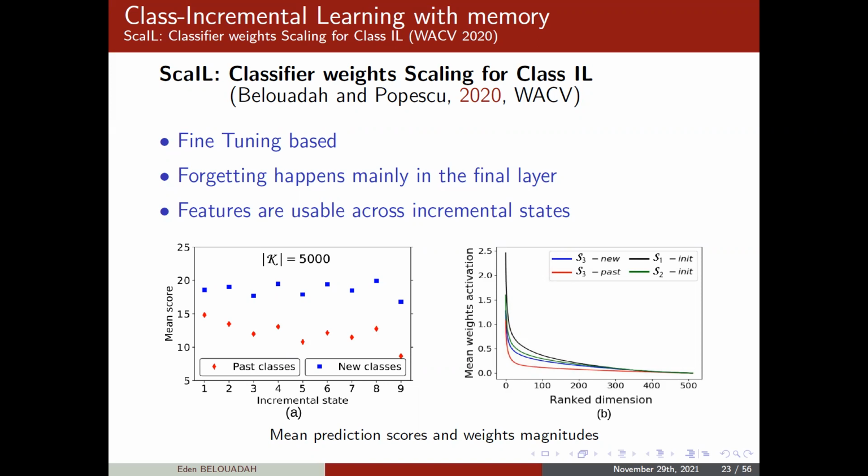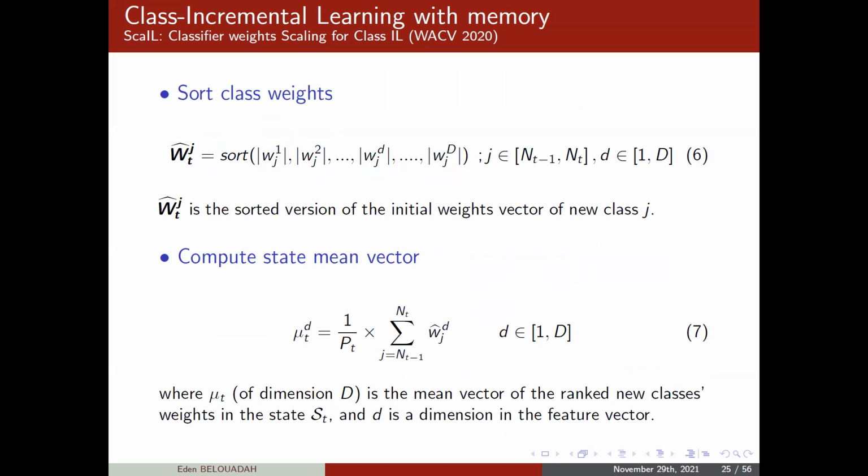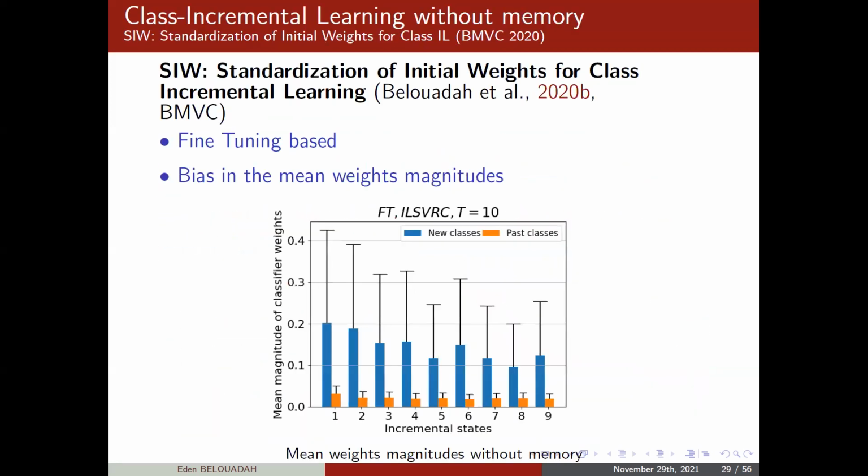Yes, but for this reason, we propose to do the normalization of the weights in order to rectify them and to not let the orientation go in all directions, since we combine the weights from different states. So for this reason, we propose here the normalization that we computed on the mean vector scores in all the states. And simply in the SIW method, we found that only the standardization could fix this problem of orientations and normalize all the class weights.